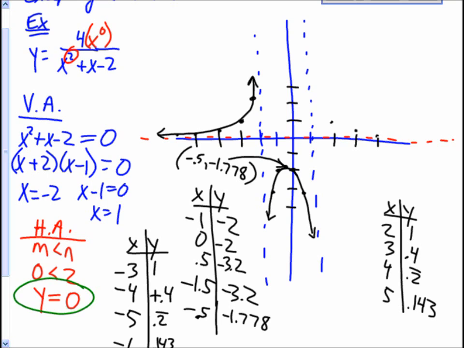Of course, you could plug in some between 1 and 2, like 1.5, just to verify that thing's higher, 2.286. Looks kind of like that.